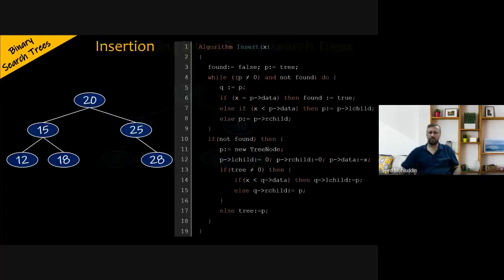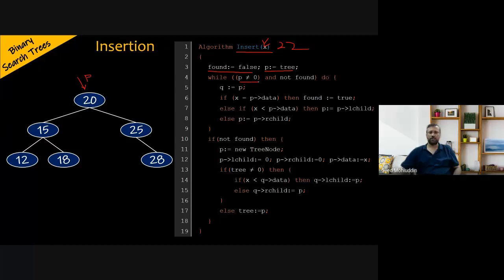Now let us briefly look at the insert algorithm. This insert algorithm takes the key that has to be inserted. Let's take another example, 22. Found is initialized to false, and p is initialized to the tree, so p will be pointing here.